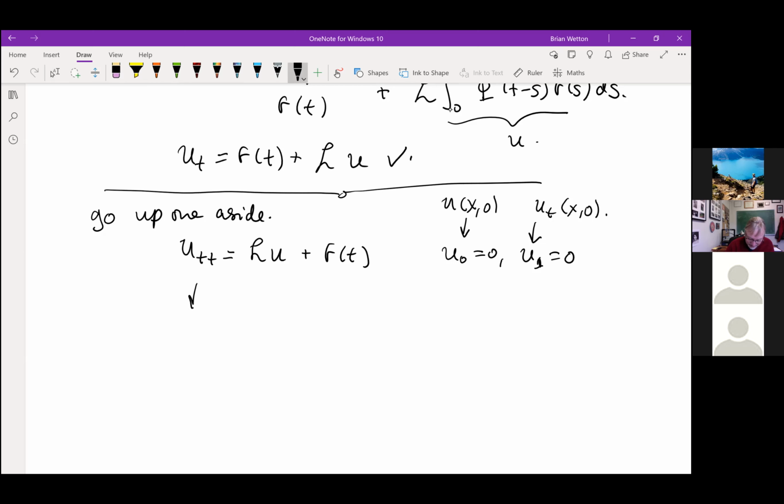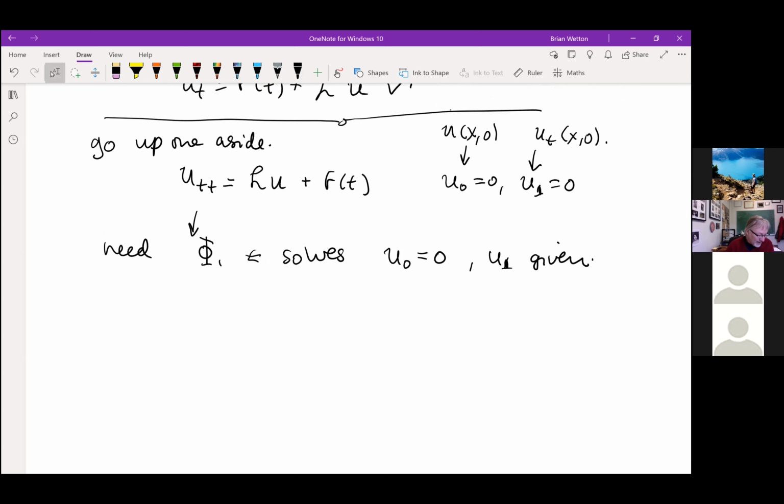So we're going to want phi 1. This is the one that solves the u0 equals 0, u1 given problem. Okay, so what do I mean by that? I mean, phi 1 of 0 is 0. Phi 1 derivative at 0 is the identity.